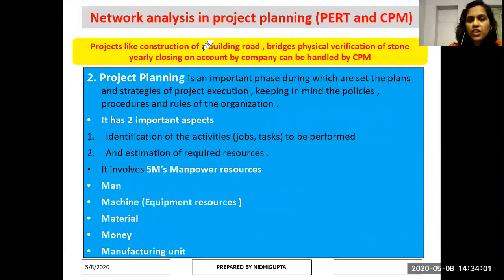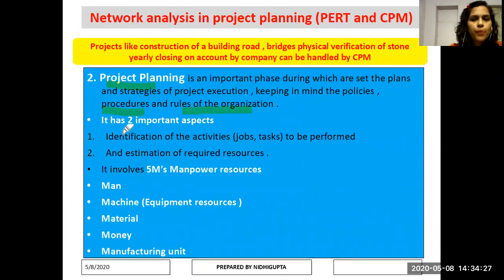Projects like construction of a building, roads, bridges, physical verification of stock, or closing of accounts by a company can be handled by the critical path method. Project planning is an important phase during which the plans and strategies of project execution are set, keeping in mind the policies, procedures, and rules of the organization.